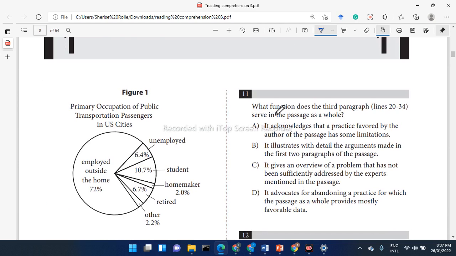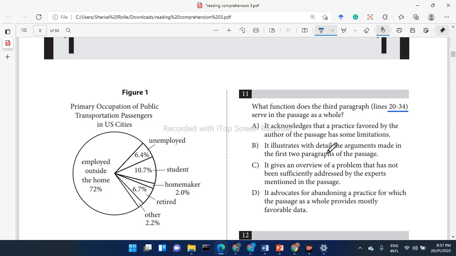Okay. Number 11. What function does the third paragraph, lines 20 to 34, serve in the passage as a whole? Does it: A. It acknowledges that a practice favored by the author of the passage has some limitations.